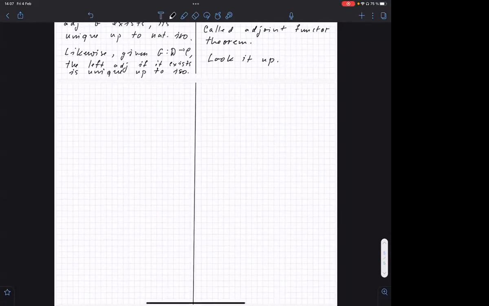So here are kind of the nicest property of adjunctions. This is about adjunctions and limits and colimits. So we'll say a little bit about this, and then we'll stop for the day before the seminar.